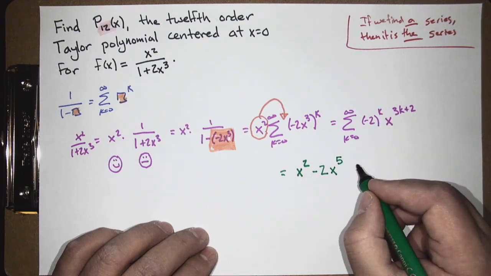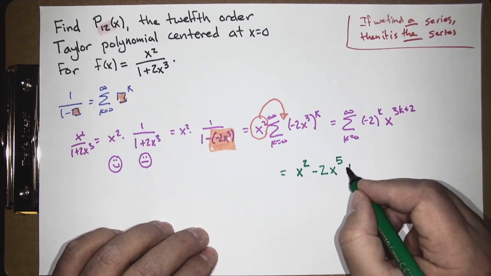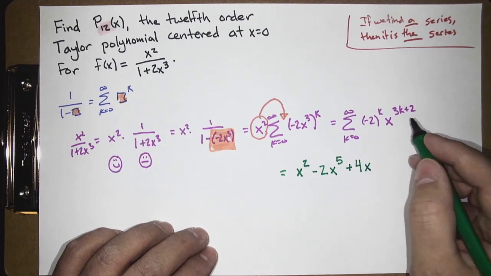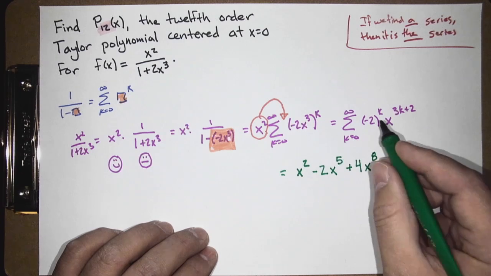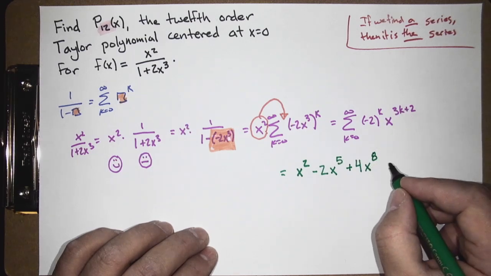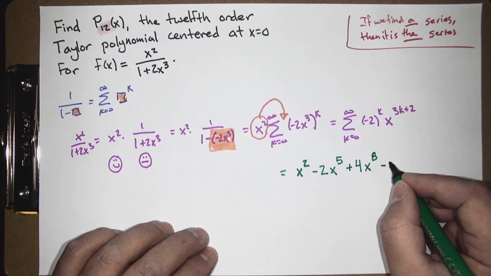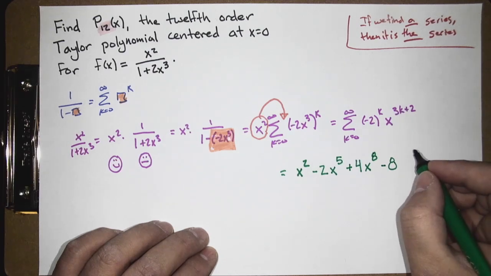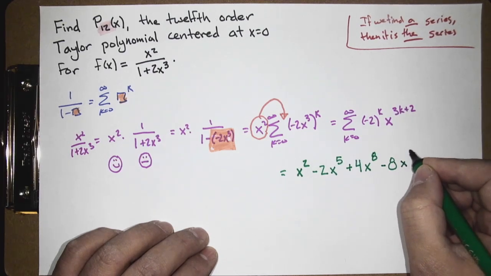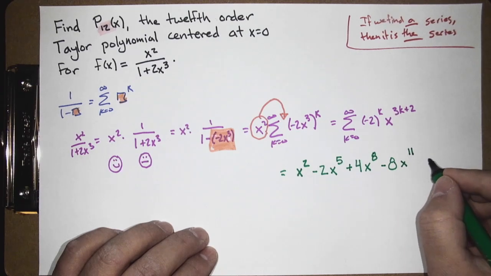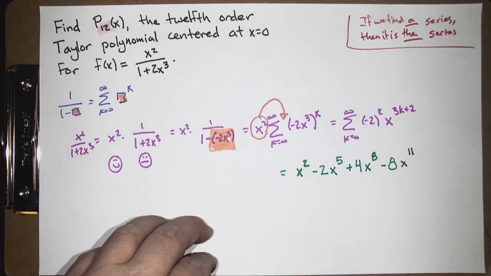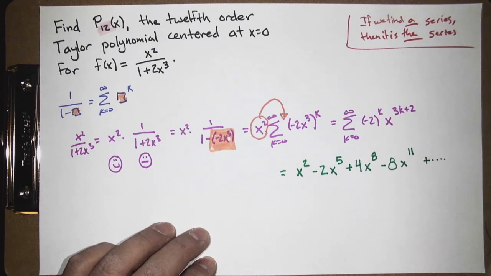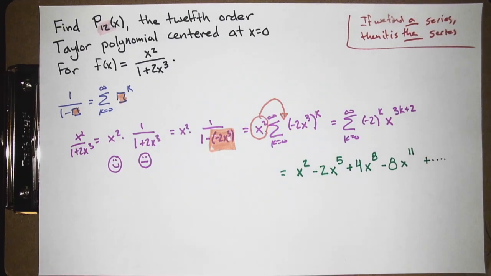Negative 2 squared, 4. So plus 4 x to the k equals 2, 8. Plug in 3. Negative 2 cubed, negative 8. X to the 3 times 3 plus 2, 11. Now what's going to be the next power? 14, which is above 12. So we say, okay, and plus dot, dot, dot.